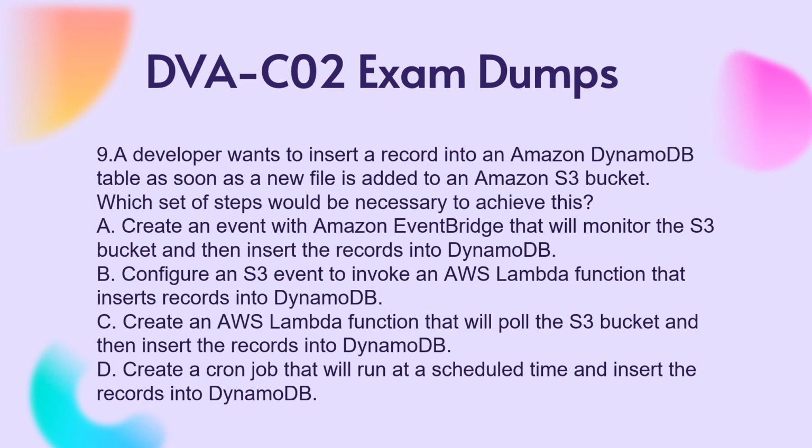B. Configure an S3 event to invoke an AWS Lambda function that inserts records into DynamoDB. C. Create an AWS Lambda function that will poll the S3 bucket and then insert the records into DynamoDB. D. Create a cron job that will run at a scheduled time and insert the records into DynamoDB.